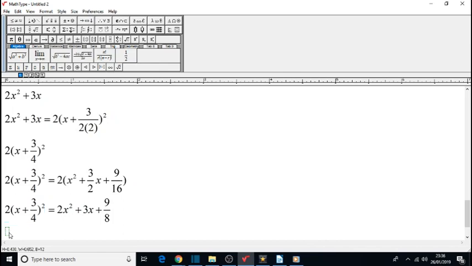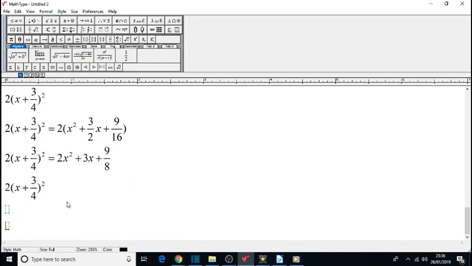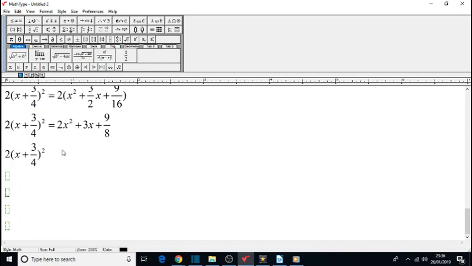Sorry, 2(x + 3/4)² minus 9/8 is equal to 2x² + 3x.